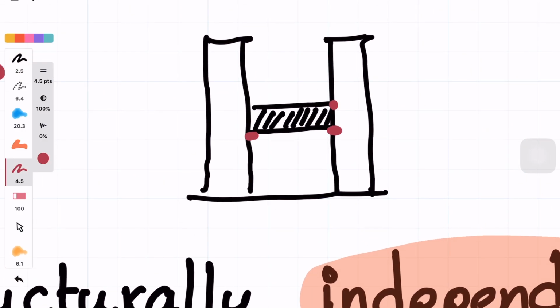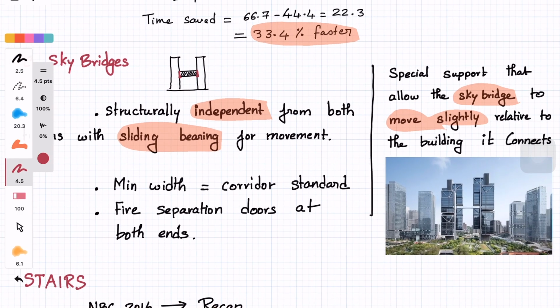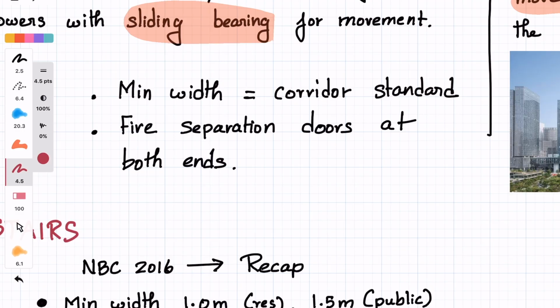If the bridges were rigidly fixed to both towers, these movements could cause high stress or damage to the main structure. That's the reason sky bridges are always fixed with special support components called slide bearings. Minimum width of the sky bridges can be of corridor standard.